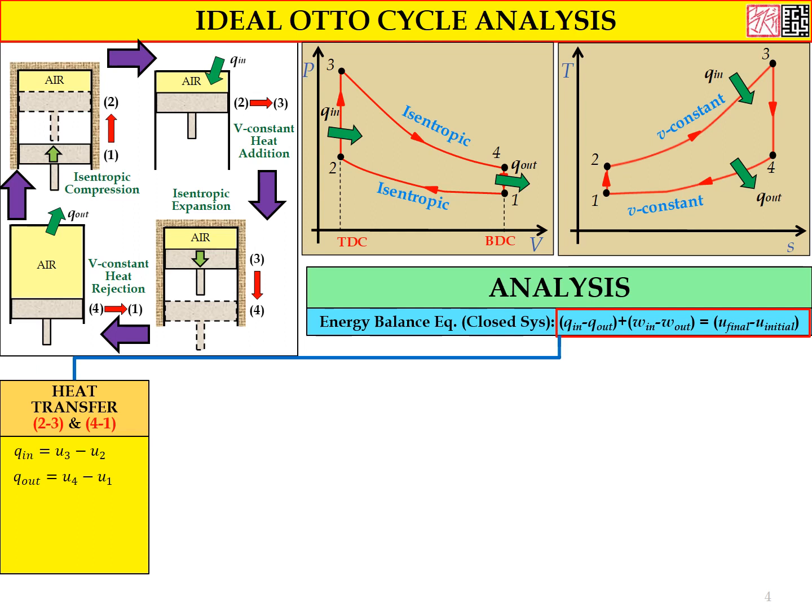To determine the formula for Q out, we need to implement the energy balance equation on the cylinder piston device for the final process, the V constant heat rejection process. If we refer to the schematic diagram for this process, the piston doesn't move, so there is no work in and no work out.